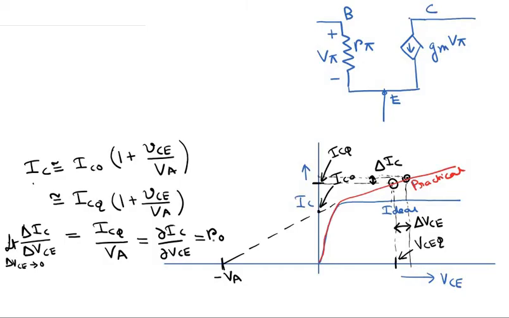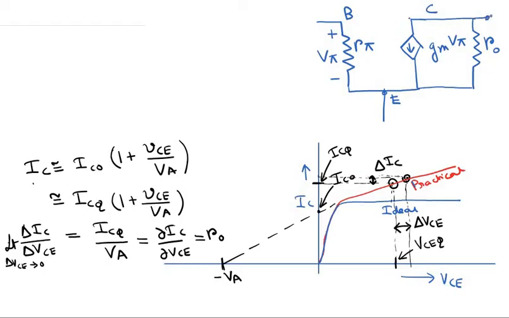Okay, now the collector to emitter voltage is increasing slightly, and that is why the collector current is actually increasing slightly. Or in other words, when the collector current is increasing slightly, the collector to emitter voltage is also increasing slightly. Therefore this component actually comes in parallel to the collector current source, or this dependent current source gm Vπ, and this is denoted by the output resistance R0.